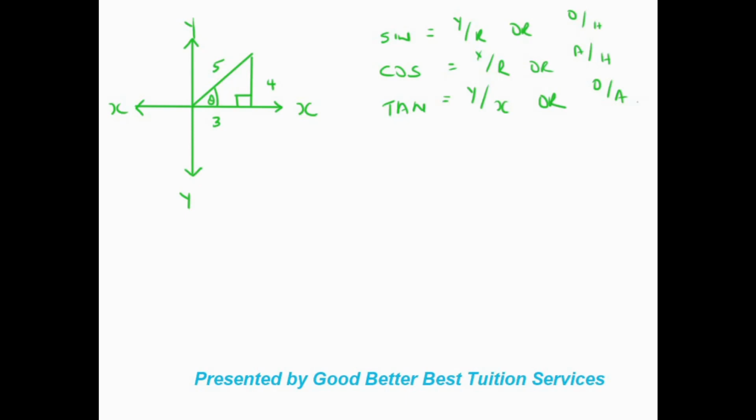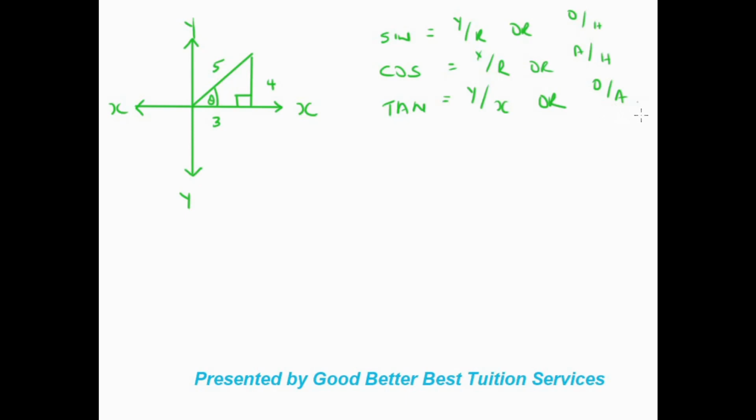If you look at the drawing to the left, you'll see that that is your x value and that is your y value. And that there is your hypotenuse, or your radius, as you might refer to it. So y over r is the same as o over h, x over r is the same as a over h, and y over x is the same as o over a.